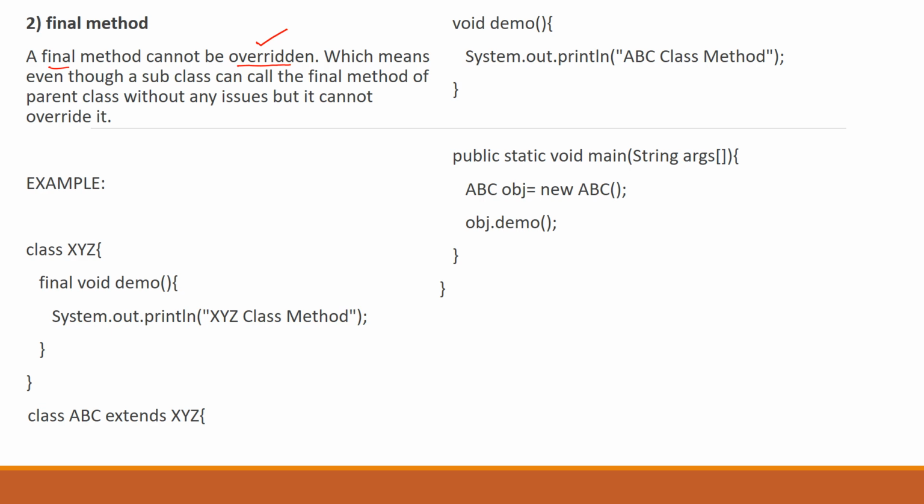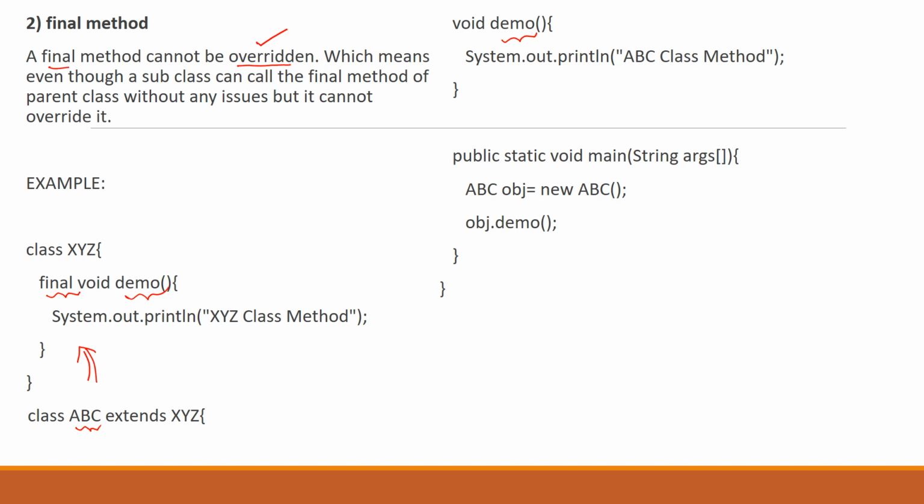Suppose in your parent class you've declared a final method, your subclass will be able to access this final method without any problem. But what you can't do is, with the same method name, override it. That is the problem with final method.